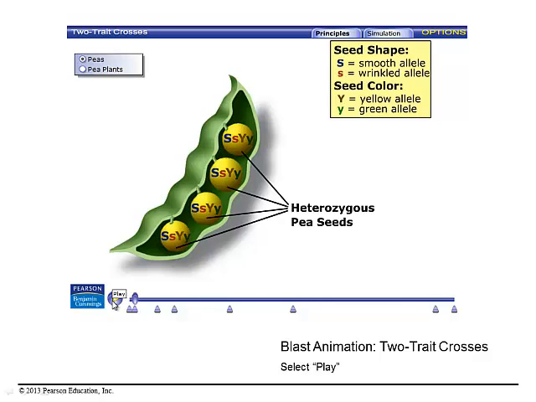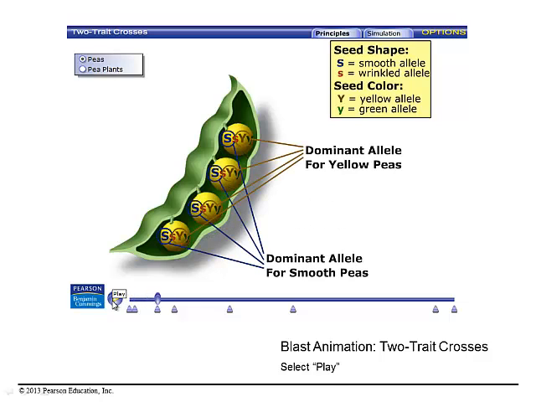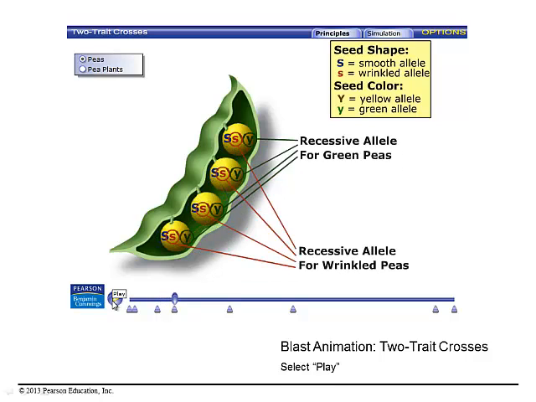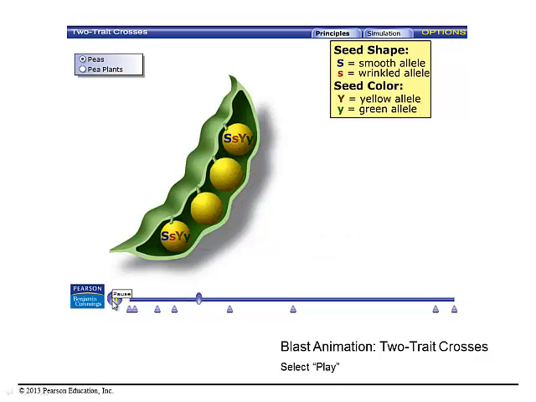So here we have heterozygous seeds. Dominant alleles for yellow peas, dominant alleles for smooth peas, and recessive alleles for green peas, and recessive alleles for wrinkled peas.